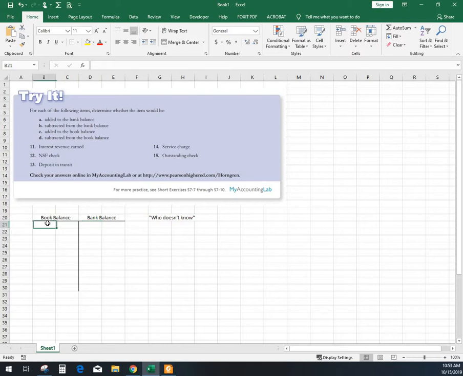We don't know when we generated the revenue or how much interest was generated, so we need to adjust our books. So number 11 goes on the books, and the question is, should it be an add or a subtract from the books? Well, obviously if we earned interest, we would have to add to our books.